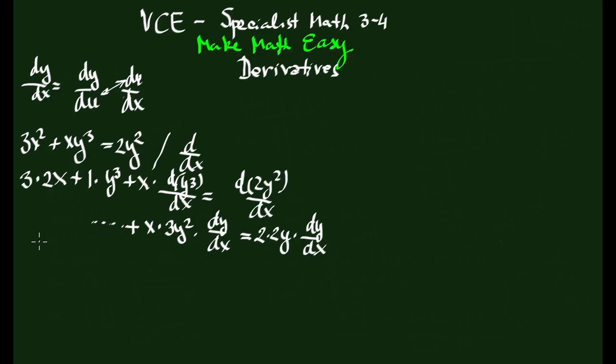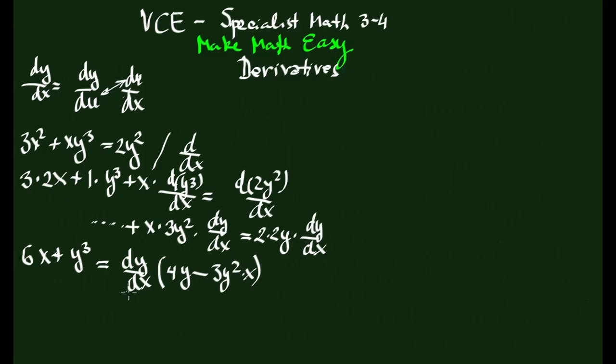What's left on the left hand side is 6x plus y to the power of 3 equals, on the other side, we have common dy by dx, and we have 4y minus 3y squared times x.